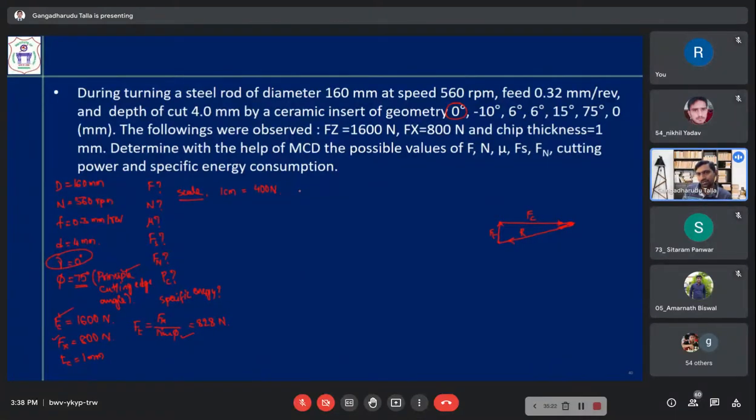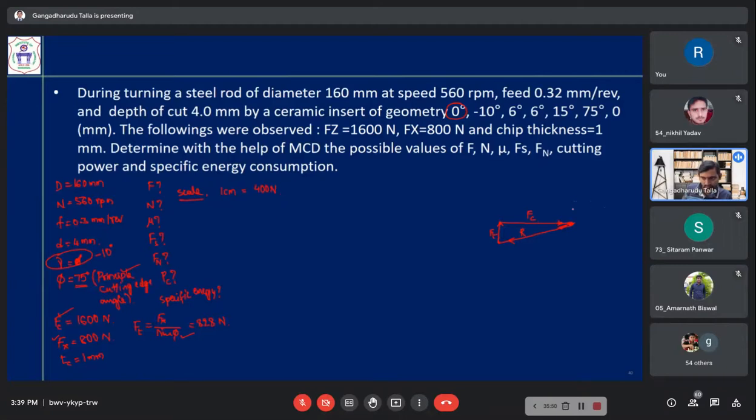In the ORS system, what is the first angle? Inclination angle, sir. So by mistake I have written this; this is lambda in fact. Of course we are not interested in lambda anyhow. So gamma is minus 10 degree. This is important, otherwise we will commit a mistake.